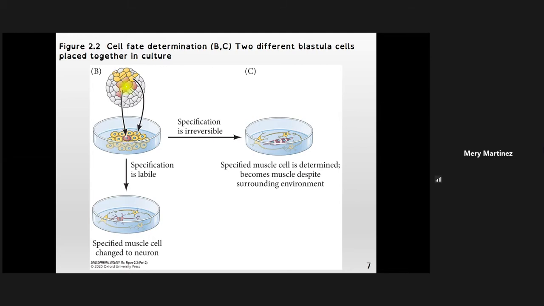In C, what we have here is the second stage of commitment, okay? So here they are committed already. They are determined already to become. So in this figure, we see that if the red cell was committed and determined to become muscle at the time of the clustering, then it will continue to differentiate into a muscle fiber, that's what it became, despite the interactions that it had with the neighbors.